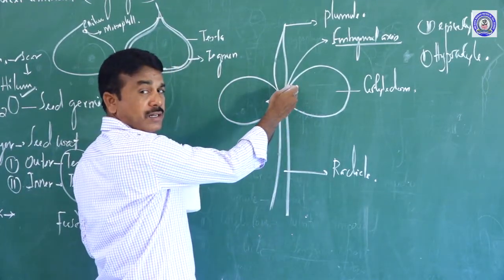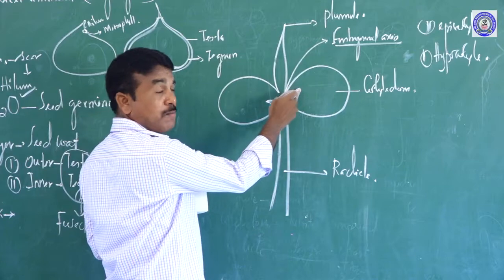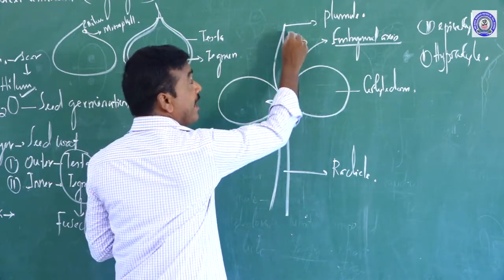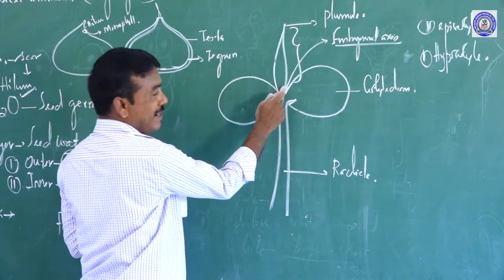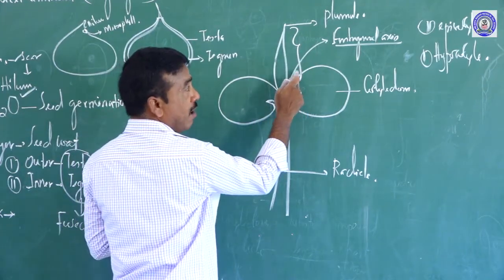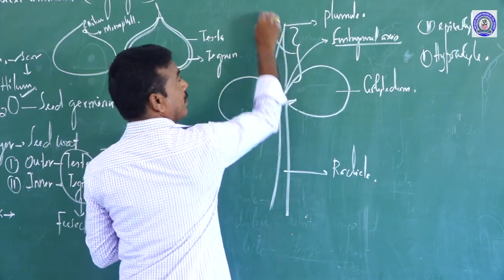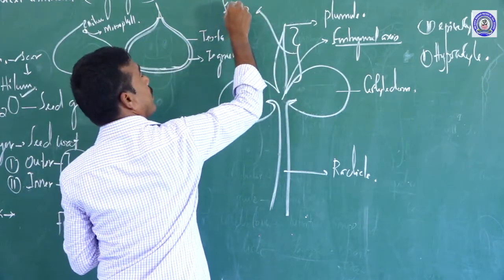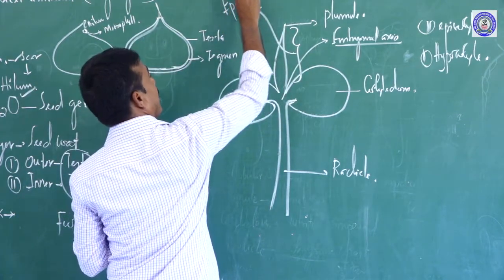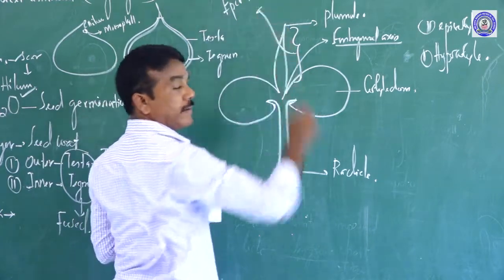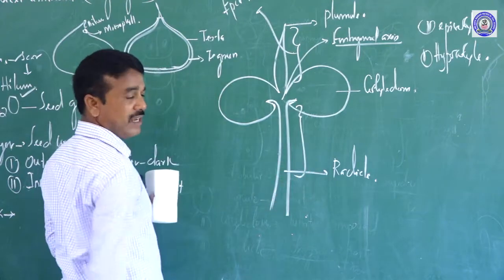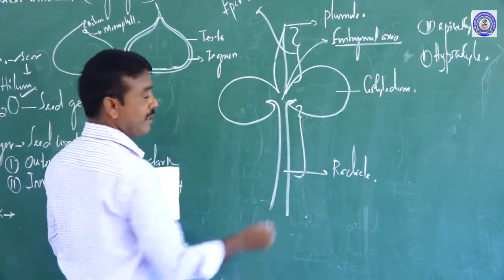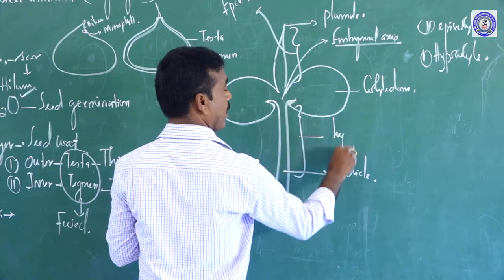The portion between the cotyledons and plumule is commonly called the epicotyl. The portion between the cotyledons and radicle is commonly called the hypocotyl.